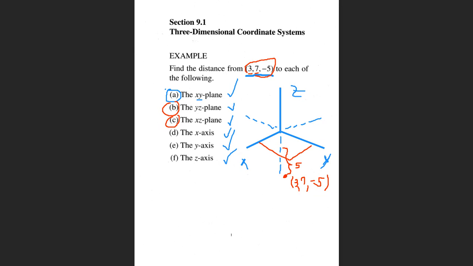Gabe had a question on parts D through F. No, for those, use the square root answer. WebAssign, by the way, wants exact answers, like with square roots and so forth. So like for trigonometry and whatever else, use simplified radical answers. The only time WebAssign wants decimals is when it says approximate the answer.